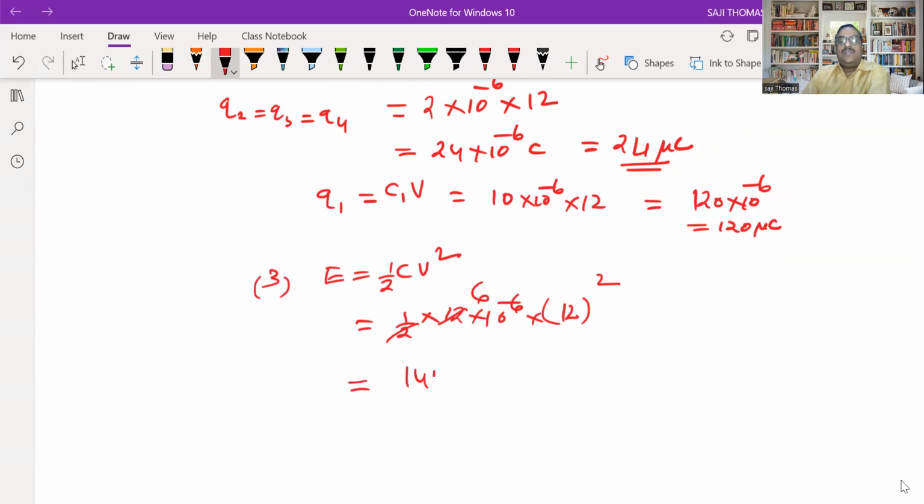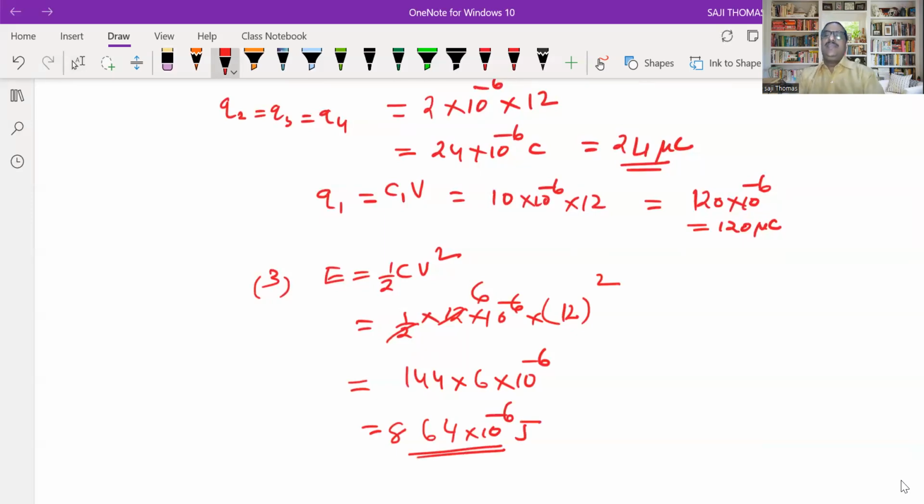So 144 into 6 into 10 raised to minus 6. You have to calculate this. 864 into 10 raised to minus 6 joules. So in this way, we can calculate the equivalent capacitance and the energy stored in the system.